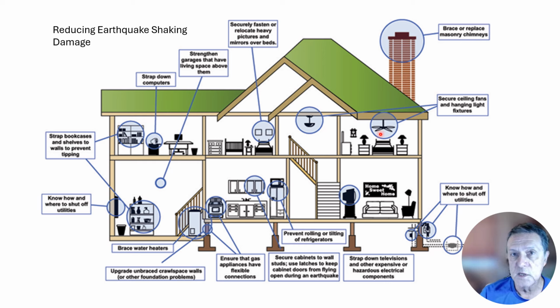Inside the house, if you have a ceiling fan over your bed, you might want to make sure that it's secure and it's not going to fall on you when you're sleeping during an earthquake. Other examples, strap down your televisions so they don't fall over. This is important: know how and where and when to shut off your utilities, especially gas and electricity. A ruptured gas line broken by an earthquake is a very hazardous situation. Okay.